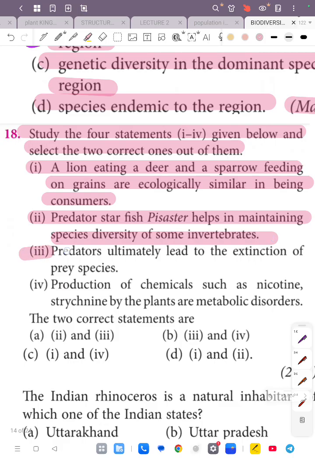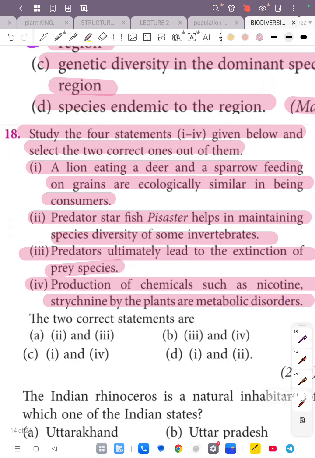Statement 3: predators ultimately lead to the extinction of the prey species. And statement 4: production of chemicals such as nicotine, strychnine by the plants are metabolic disorders. Now, the two correct statements are 2 and 3, 3 and 4, 1 and 4, or 1 and 2.